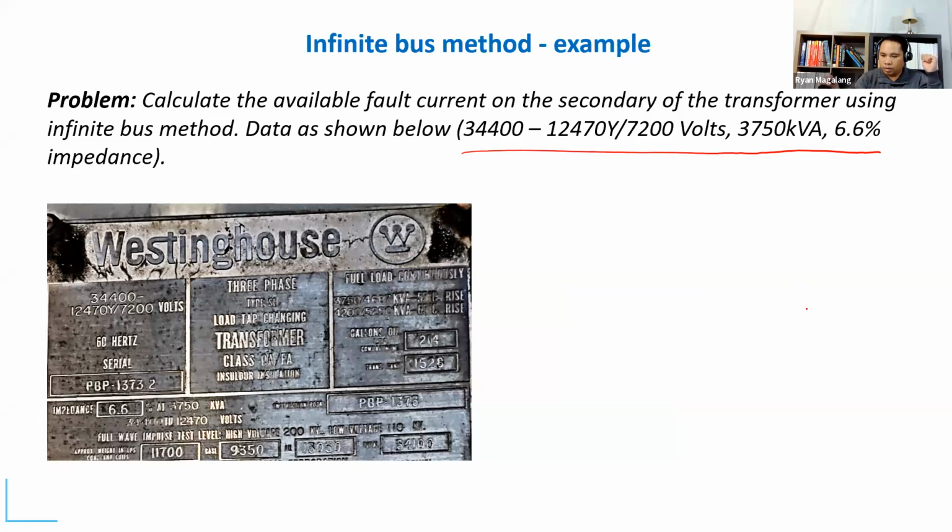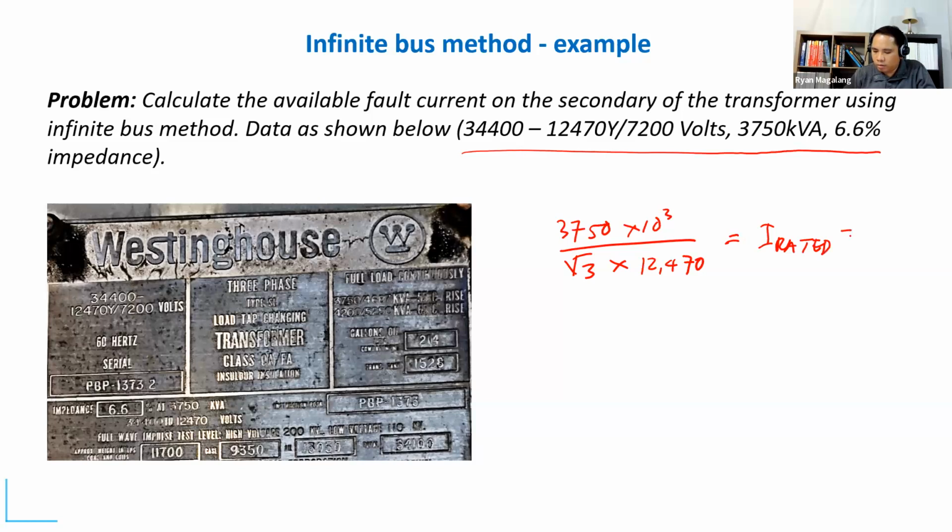In order to do that, we will just divide the 3750 kVA by 3 times the secondary voltage, 12470, and this becomes your I rated, or full load current.